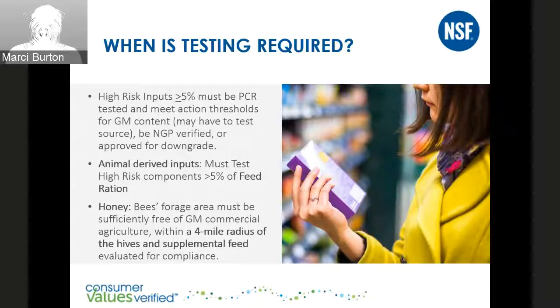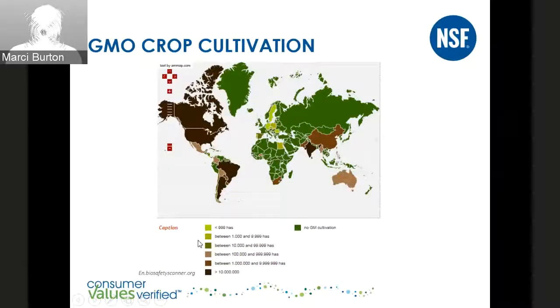So honey at greater than 5% needs to be non-GMO project verified. You need to be able to show that either it's organic and the organic certifier confirms that, or the other option is to show that the hives are located in an area where GM agriculture is not present. Another pathway for compliance for major high-risk ingredients, or really any high-risk ingredient, is to show that it comes from a country where GM crops are not cultivated.